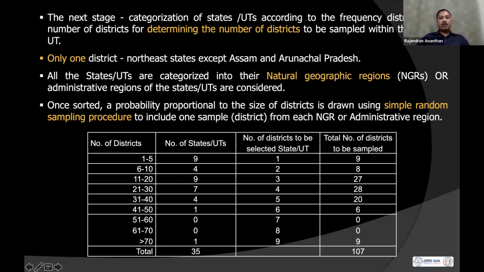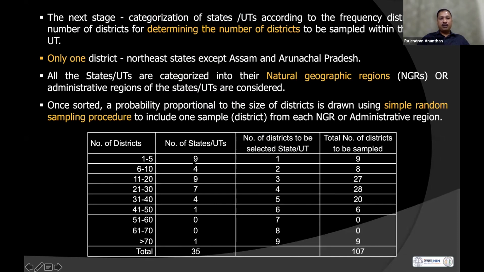And this is how we selected the number of districts, based on the availability of districts in each state. For example, if a state has 1 to 5 districts, we select only one district. If you look, there are 9 states having between 1 and 5 districts.